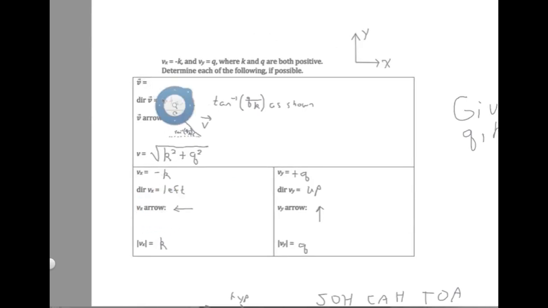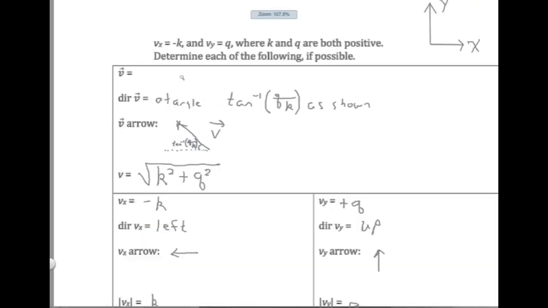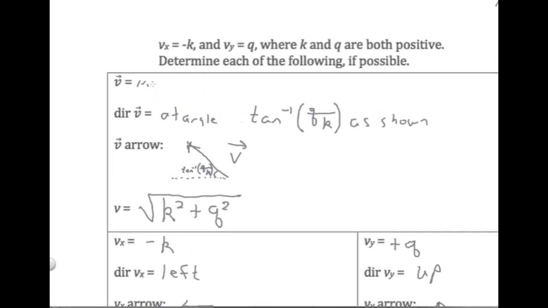So then we have a direction, which is at a magnitude of root K squared plus Q squared at the angle given by the inverse tangent.